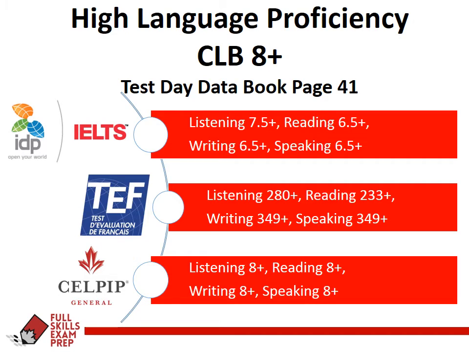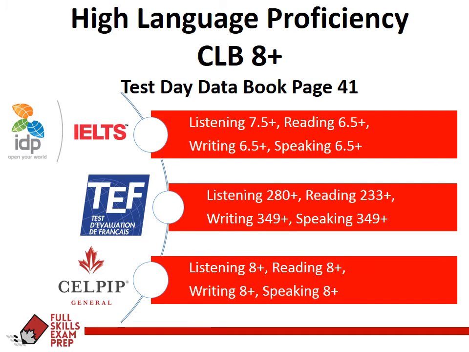When you take a look at this in relation to the language exams accepted for immigration, remember that IELTS, TEF, and CELPIP are the only ones accepted. And if you're looking at a CLB 8 or more, those individual scores within each exam play a large role, even though in this question it didn't. So for CLB 8 or more, the minimum that they could get in IELTS would be a 7.5 in listening, a 6.5 in reading, a 6.5 in writing, and in speaking as well.